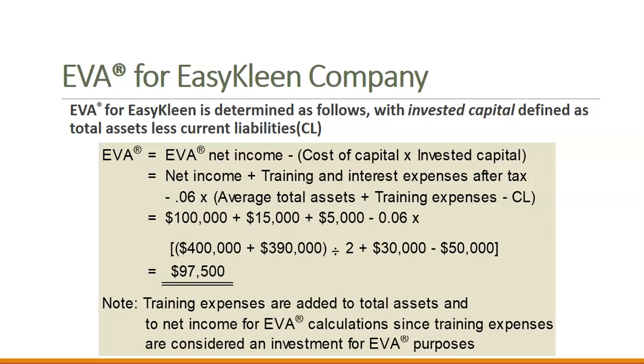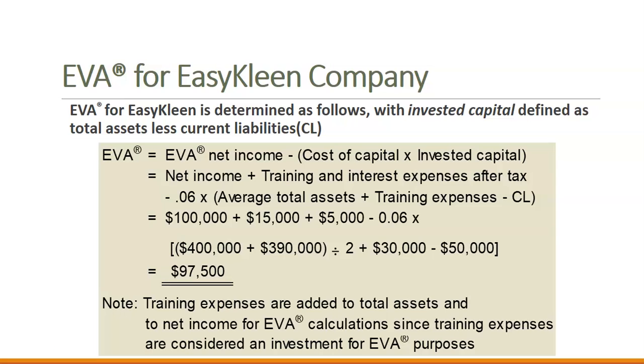So EVA, net income minus the cost of capital times invested capital. So the net income plus training and interest expenses after tax minus 0.06 times the average total assets plus training expenses.